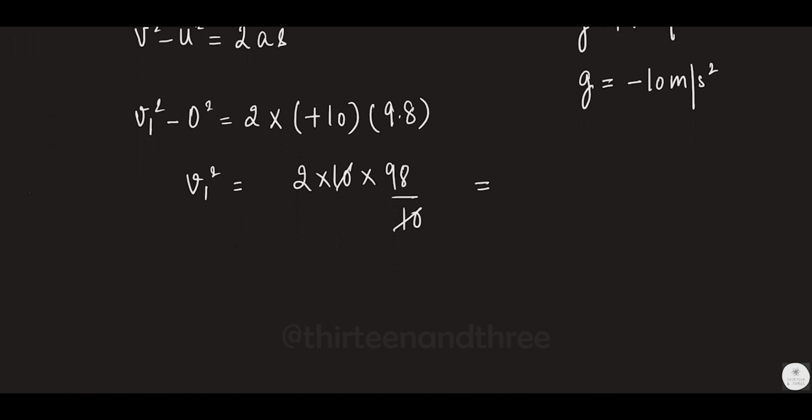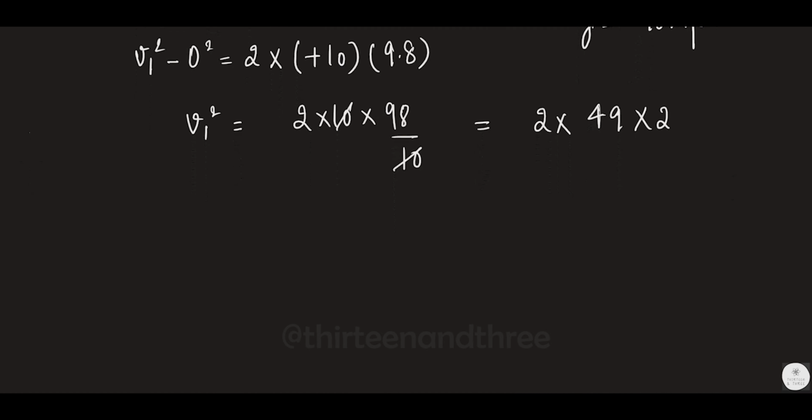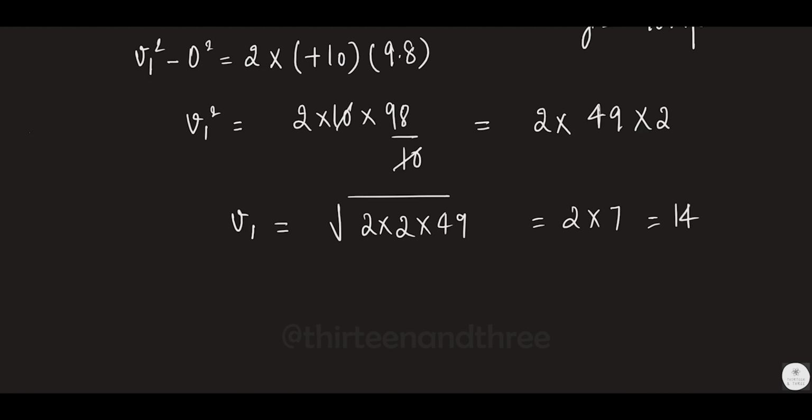The 10s cancel out. I'm going to open up this 98 as 49 into 2. So v1 is under root of 2 into 2 into 49, which is 2 into 7, that is 14 meter per second, and this is downward.